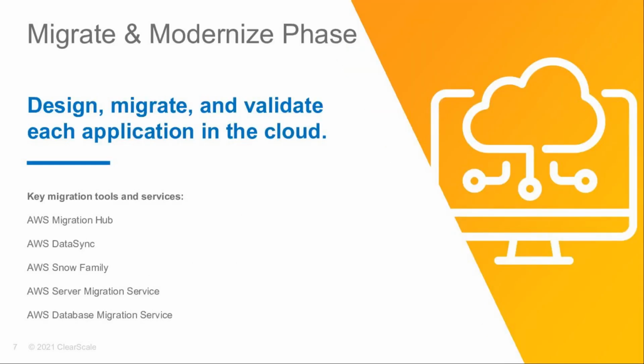The next phase is the migrate and modernize phase. And so this is where you're actually going to perform your migration. And typically in our migration projects, we take the approach of design, migrate, validate, and I like to add in cut over each application to the cloud.